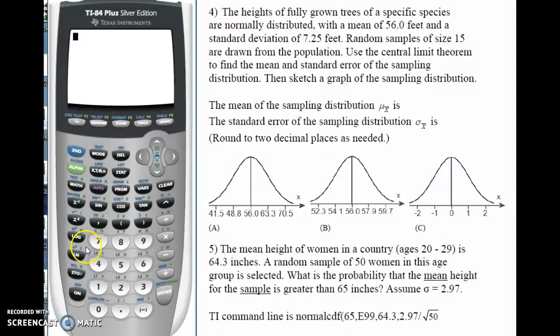So we're going to take 7.25 divided by the square root of 15. And we get 1.87 feet. That's going to be the difference on the axis between the marks.